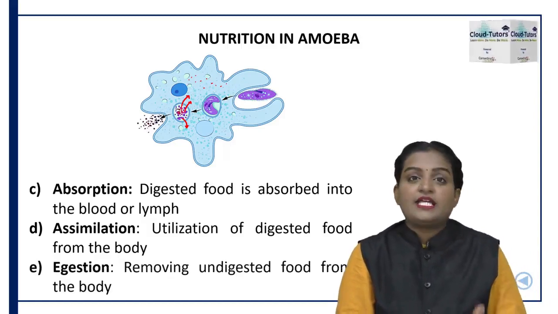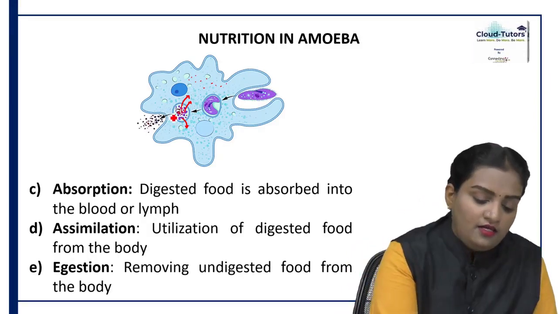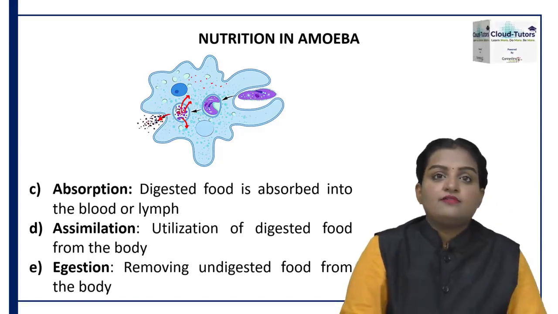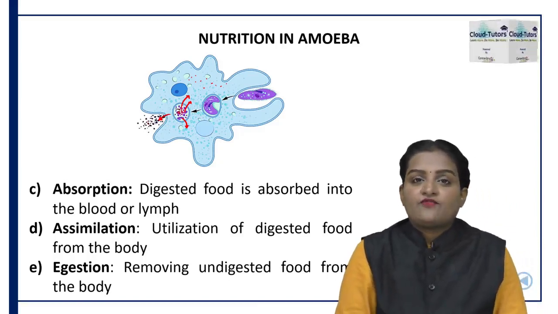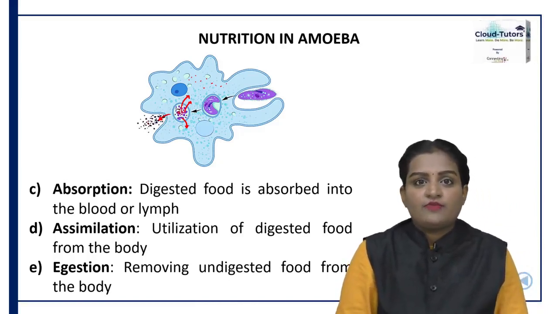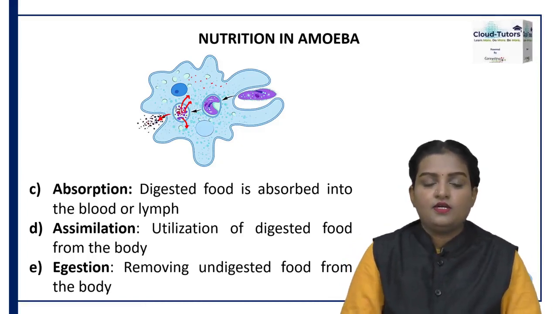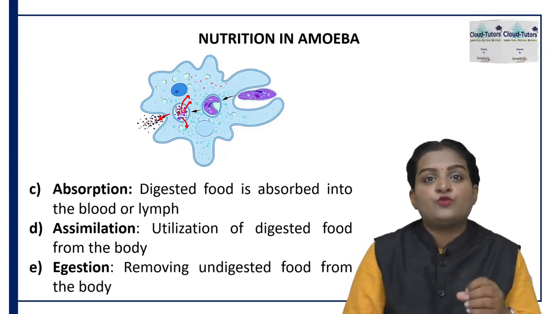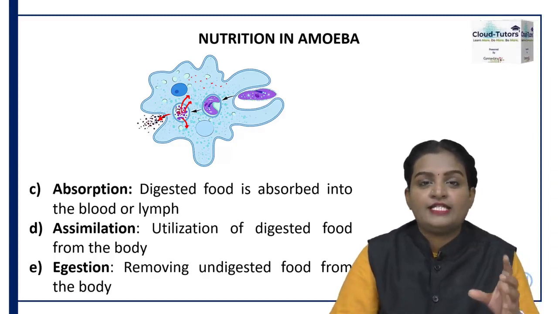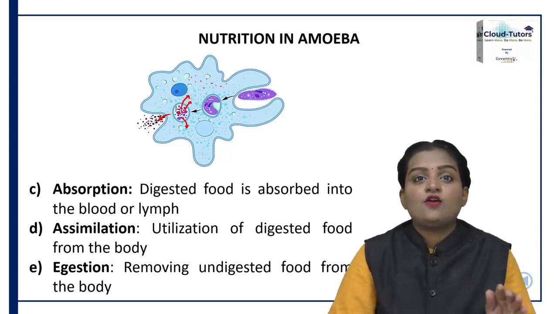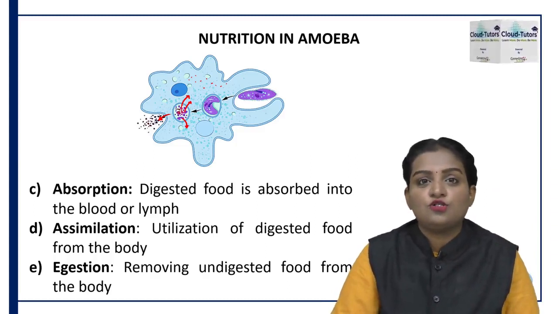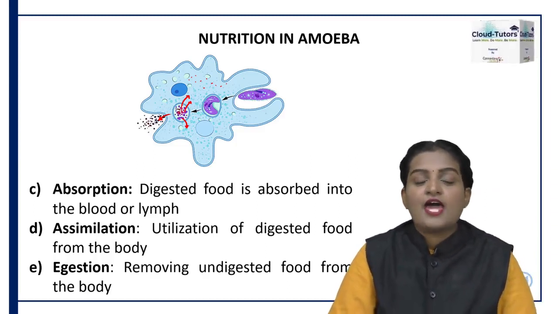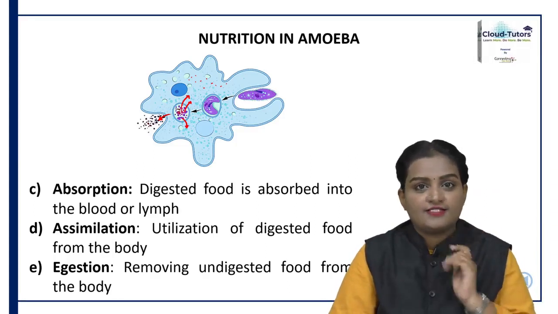Fifth step is egestion. That is, the unwanted material or undigested food will be thrown out of the amoeba's body. After the final step, the holozoic nutrition mode is completed. Any organism following holozoic nutrition has to follow all 5 steps.